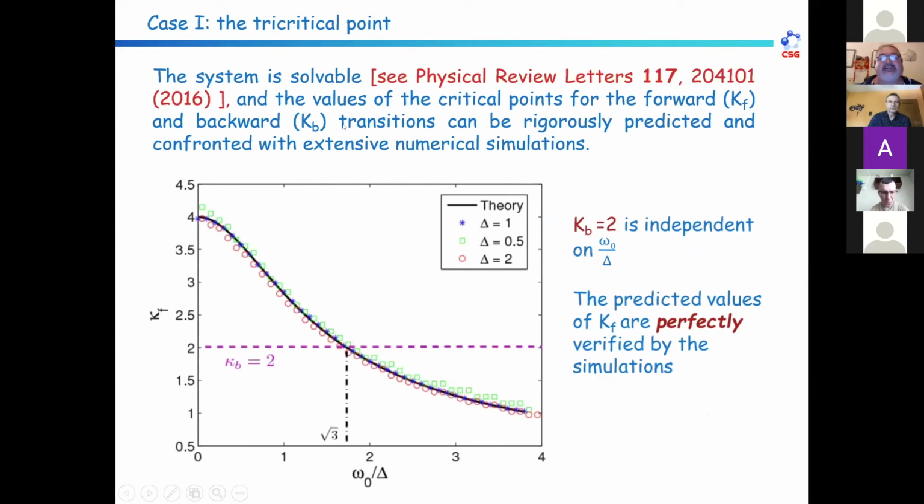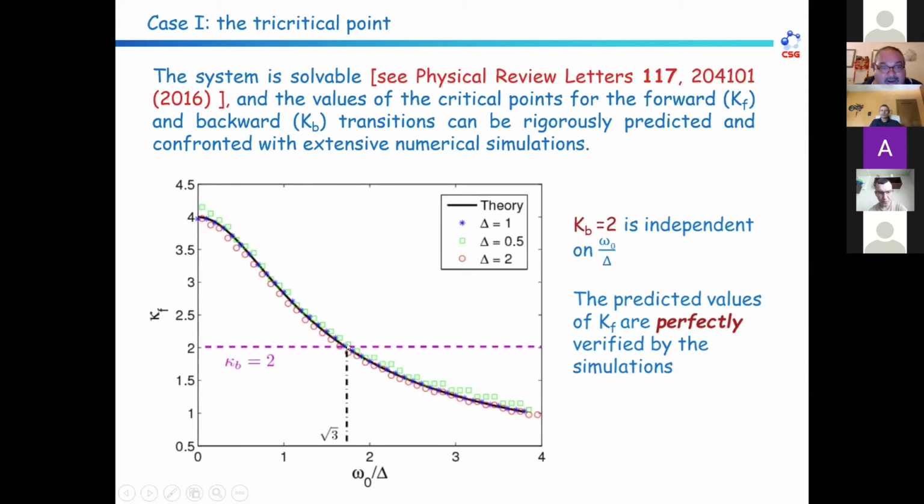First of all, the system is solvable. So we solved it rigorously. And so you can find the exact value of the critical points for both transitions, for the forward and the backward transitions. And you obtain that the backward transition is independent of our parameter omega 0 divided by delta. This is the rigorous line, and then the dots are the numerical experiments.